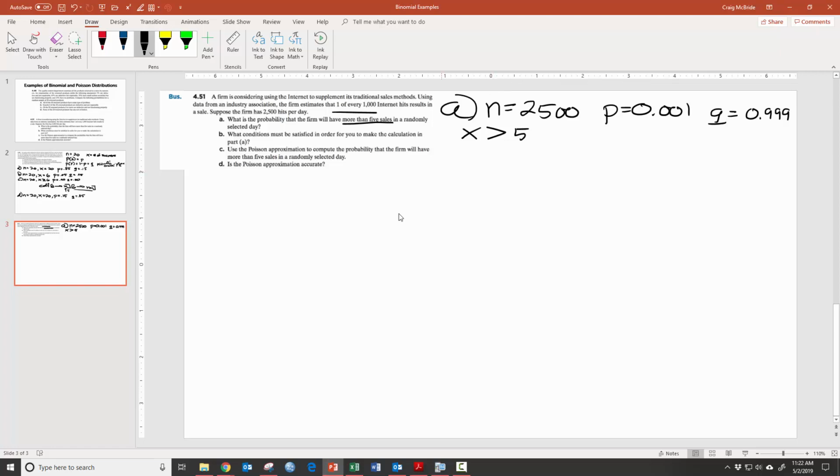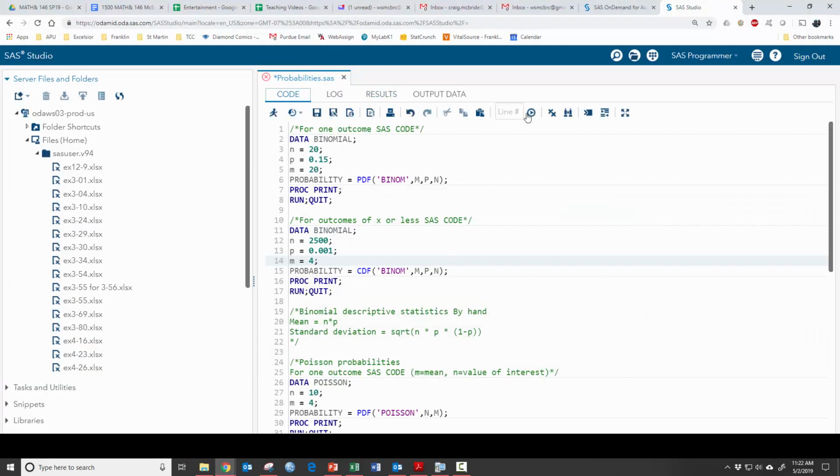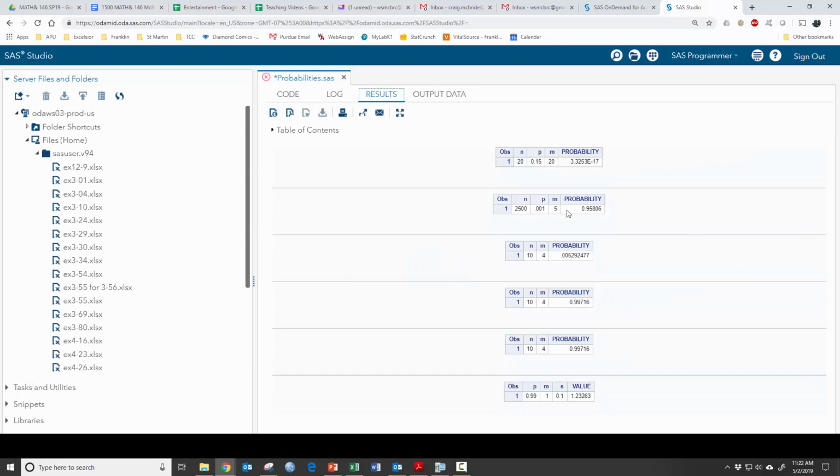So with that being said, let's do SAS first. We go to our code, and we've got to pick the right one. Remember, we set this up last time. We saved it so we can use it over and over again for outcomes for x or less. So 2,500, probability of 0.001. We would do 4 if we wanted 5 or more, but since we want strictly greater than 5, then we're going to accumulate everything up through 5, run that, and then here it is right here, the second one, 2,500.